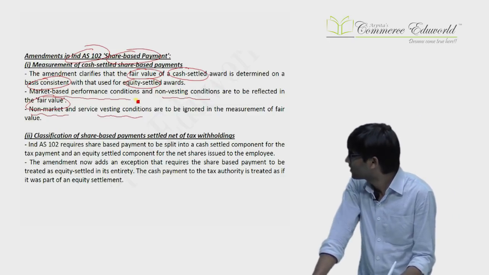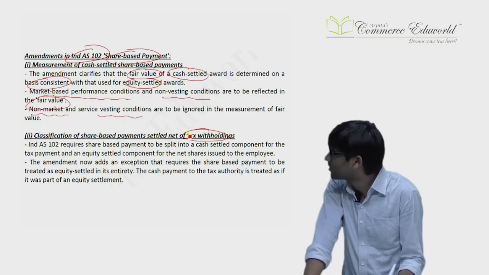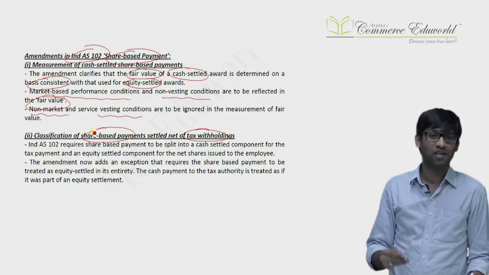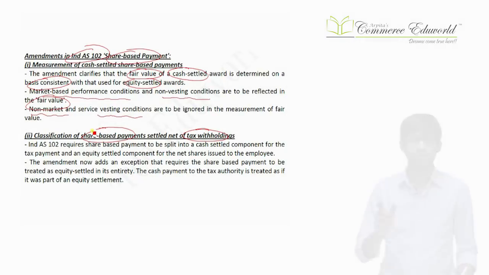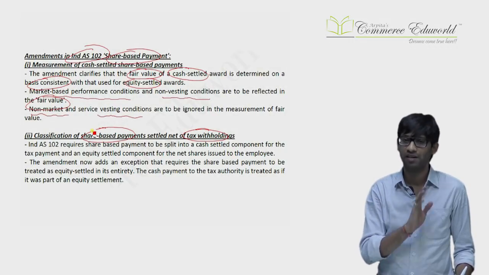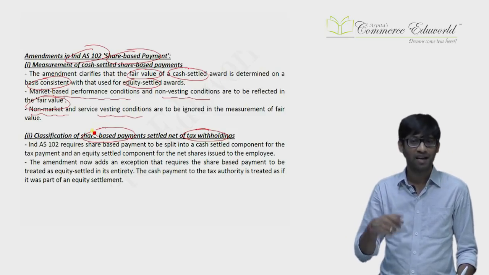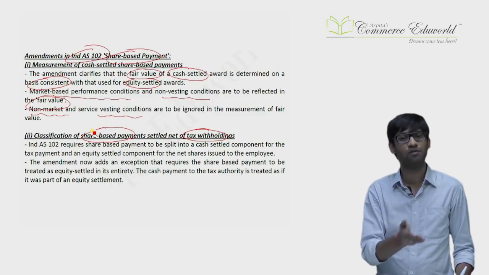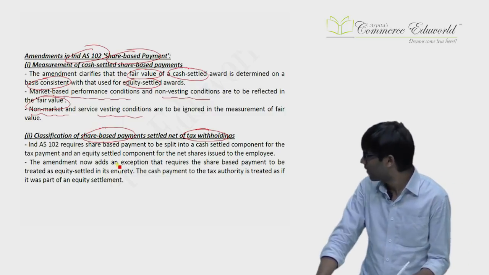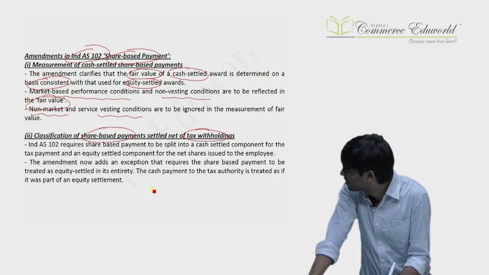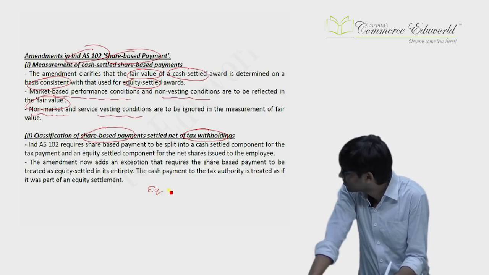Next amendment is withholding tax in case of share-based payment. Many a times in case of share-based payment, when you give ESOPs etc., withholding tax has to be deducted and the payment has to be made to the government. Means you are giving something to the employee, on that tax is deducted at source and that amount is given to the government. Let us say the company had thought they will make equity settled share-based payment.